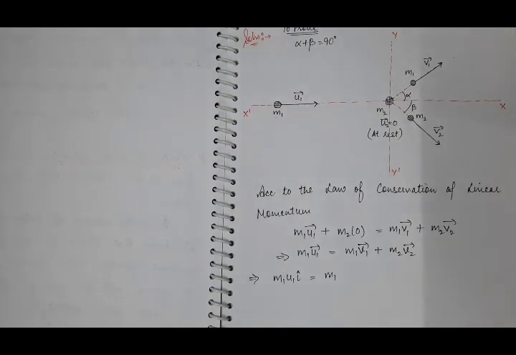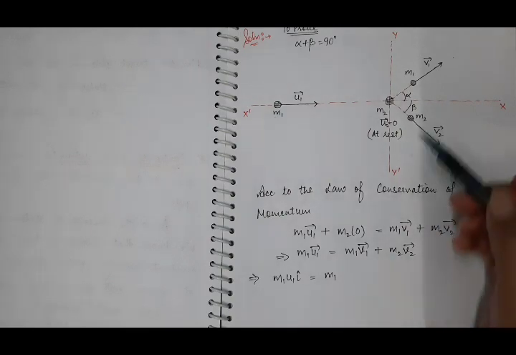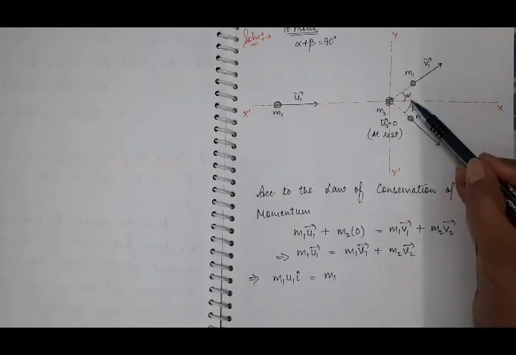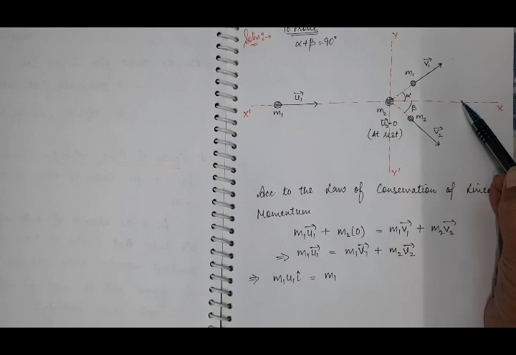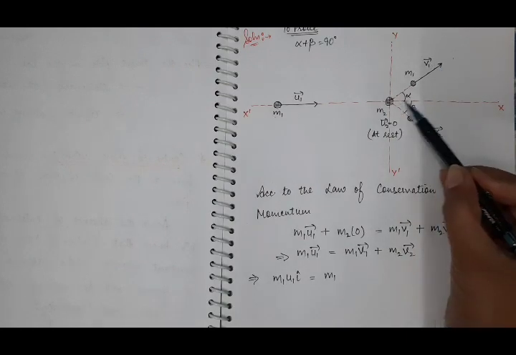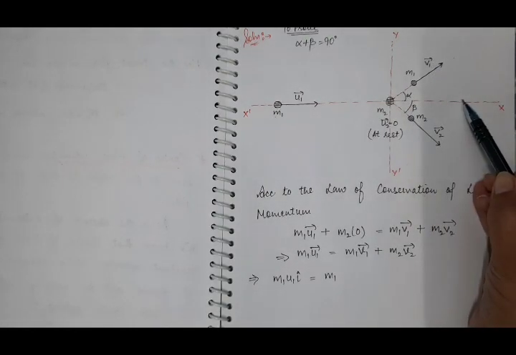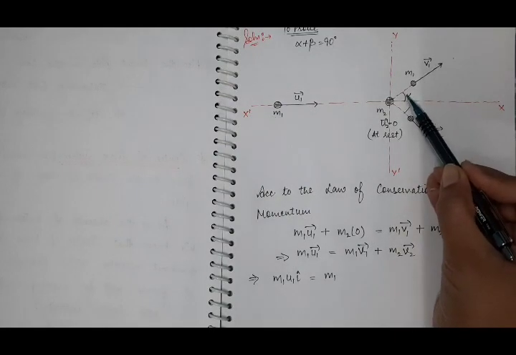As we discussed in our first chapter, any vector which makes some angle with an axis has a cos component along that axis. So the component of v1 along the x-axis will be v1 cos alpha.